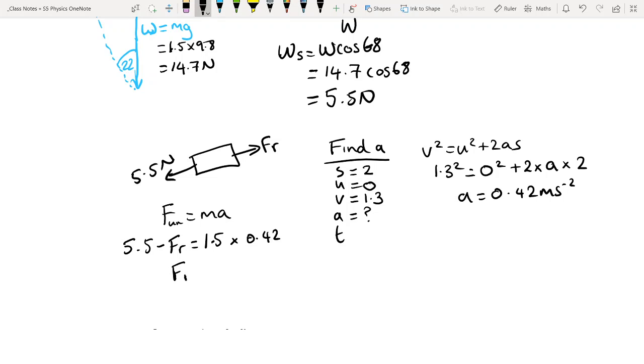So the frictional force comes to 4.9 newtons. So we got the same answer in the end, but there were quite a few more steps to go through and ways that you could potentially lose marks if you get the acceleration wrong, if you get the component of weight wrong. So there are a few steps that you could slip up on.